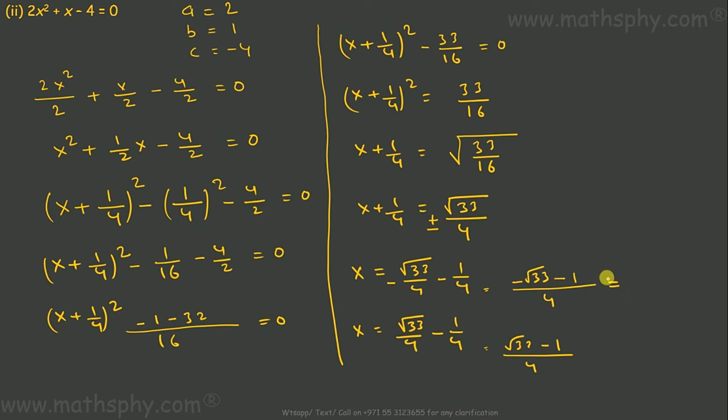You can write this as minus 1 minus root 33 over 4, and this can be minus 1 plus root 33 over 4. You can leave it till here also, or if you want you can do this. Both are alright. So x will be negative 1 negative root 33 over 4. X will be negative 1 plus root 33 over 4. That's the answer here.